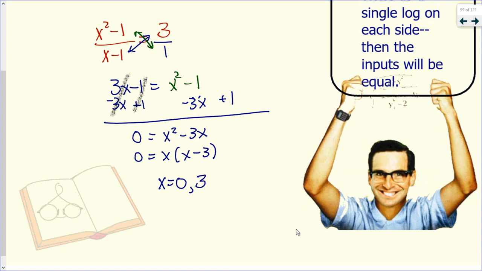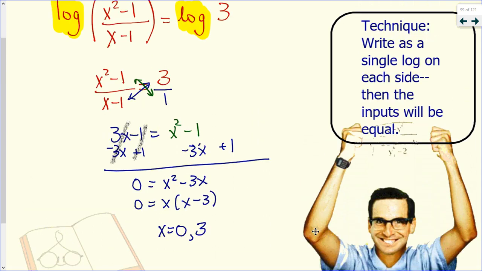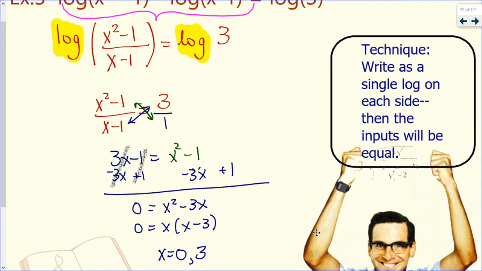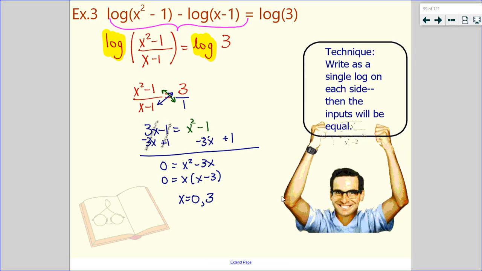Now if I look at my original function, let's see if I can fit it on the screen. There we go. If I look at my original function, notice it's log of x squared minus 1, log of x minus 1, and log of 3.